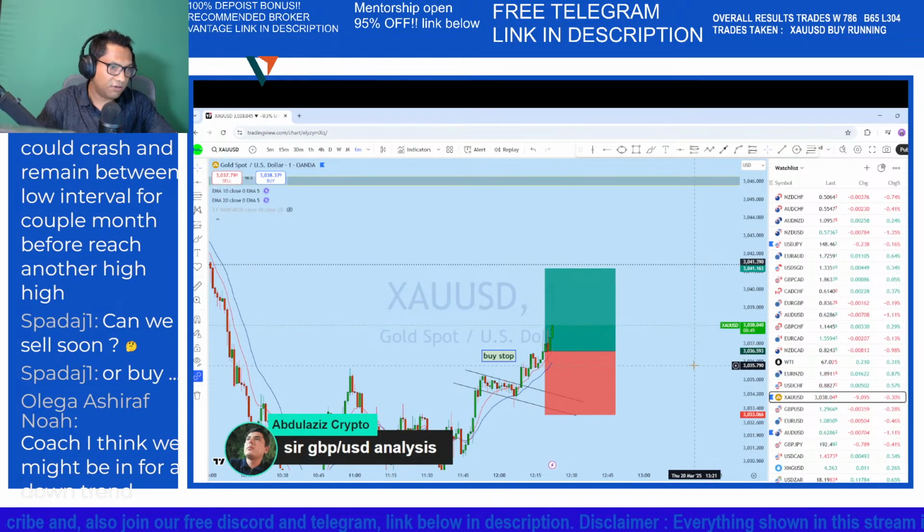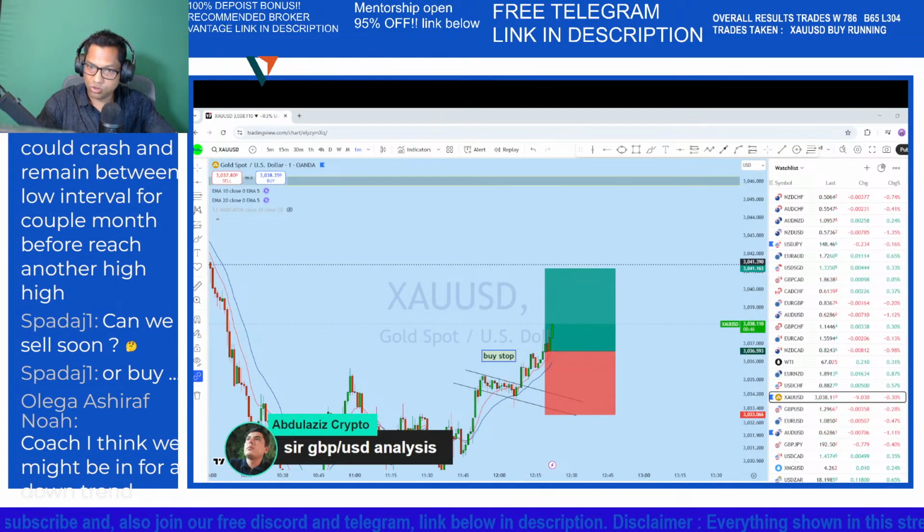So we see that bounce here on XAUSD, and let's also catch this trade here.